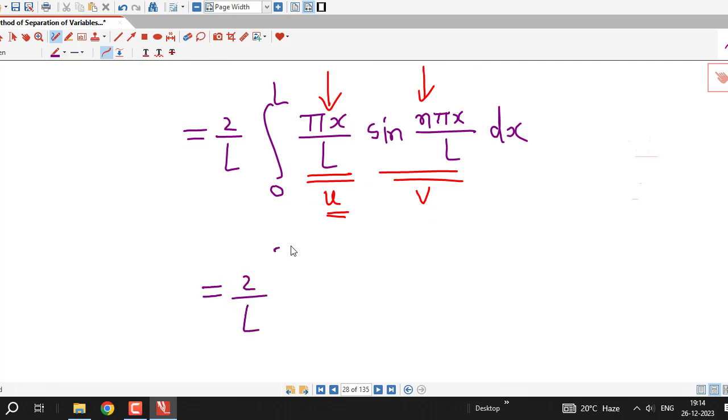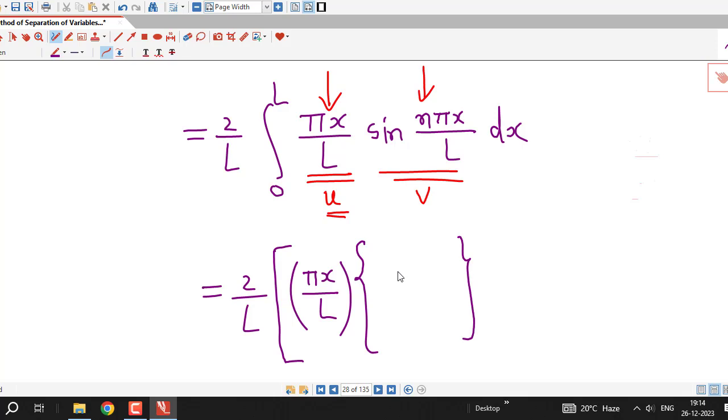So first I write 2 by L as it is. We first keep u as it is, that is pi x by L. We integrate sin n pi x by L with respect to x. So integration of sin n pi x by L is minus cosine of n pi x by L divided by the coefficient of x, which is n pi over L, minus derivative of u.